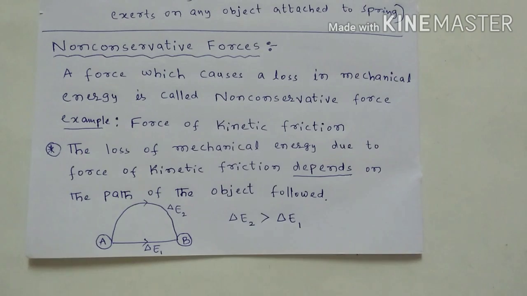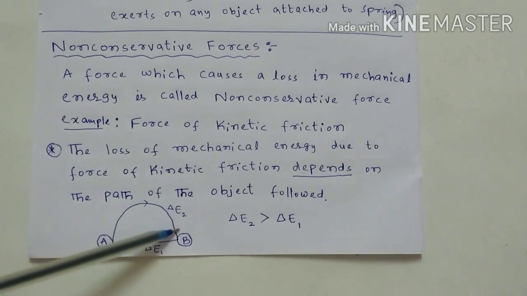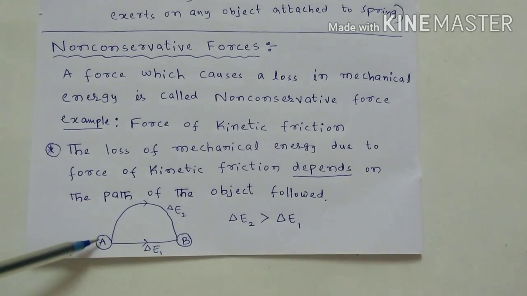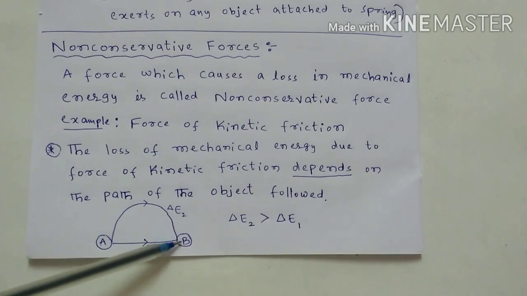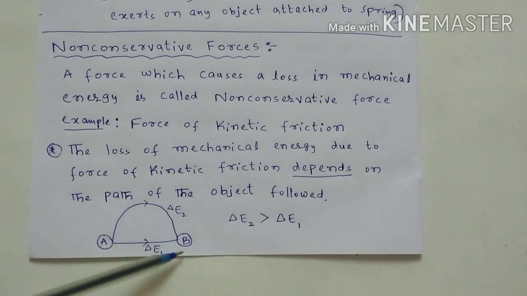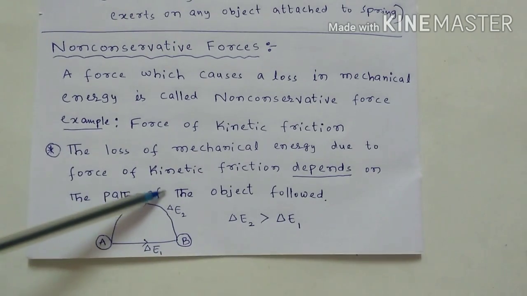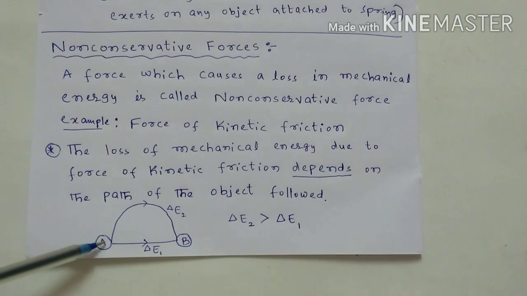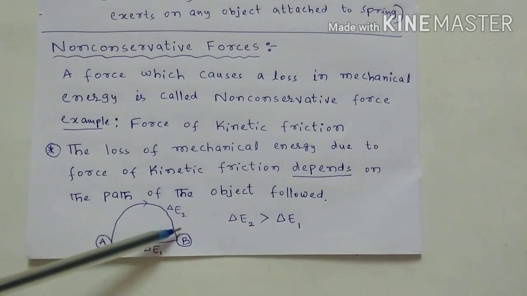From here to here it has traveled by one path between the point A and B. These two paths you observe. So for an object lying on a surface, there is a force of kinetic friction, no?